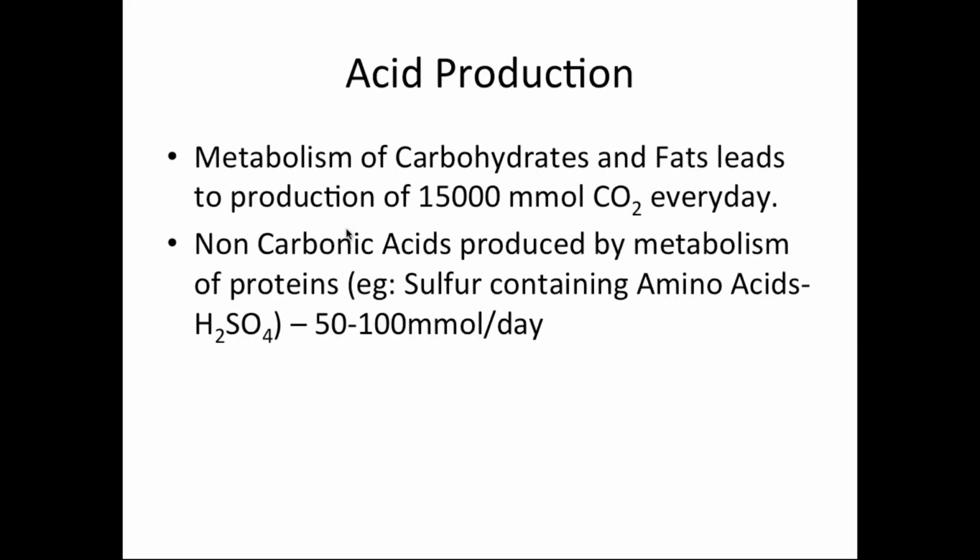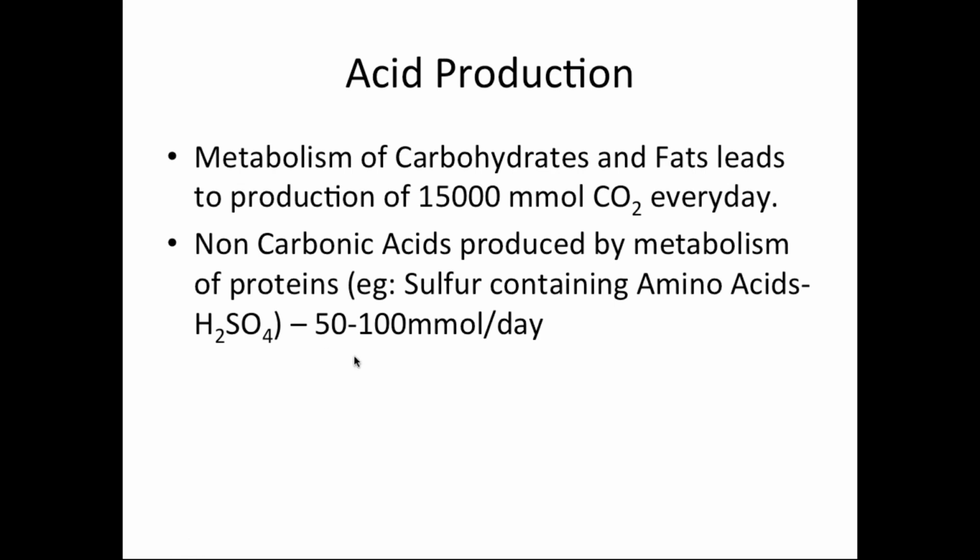So the normal acid production has two components. One is from the metabolism of carbohydrates and fats, which produces 15,000 millimoles of CO2 every day. So the body has to get rid of that every day to make sure the pH remains stable. And then in addition to that, there are the non-carbonic acids, which are produced by metabolism of proteins like sulfur-containing amino acids, which generate sulfuric acid.